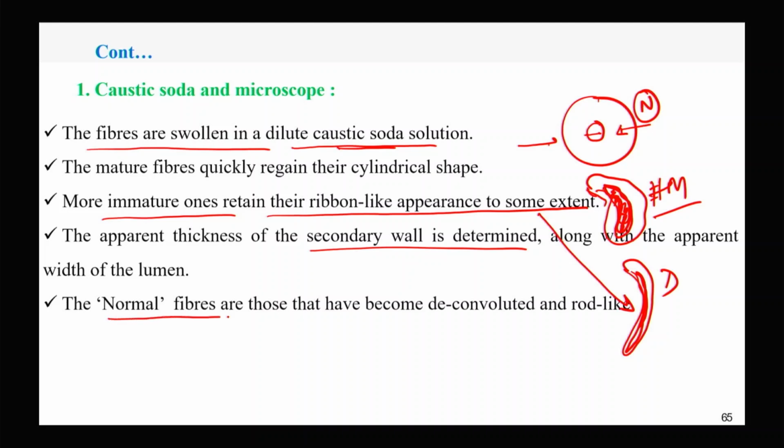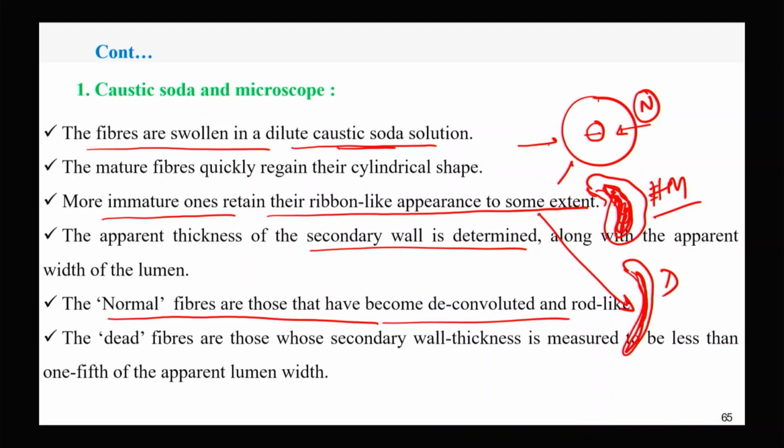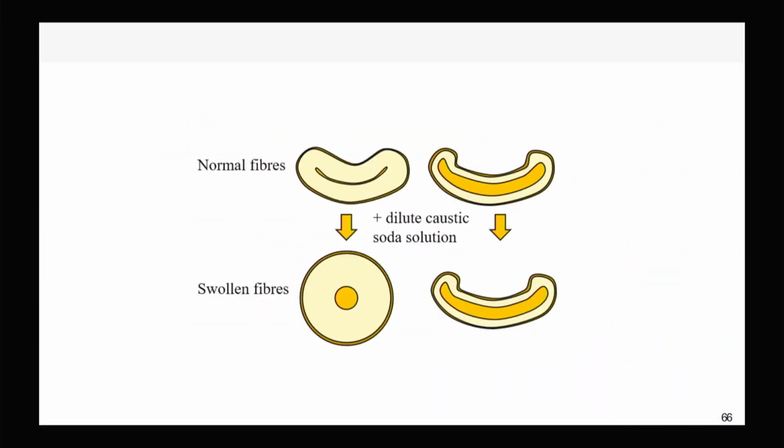Normal fibers are those which have got deconvoluted and rod-like appearances, and dead fibers, as we have mentioned. So now we can classify: this is a normal fiber, and after swelling the fiber shape becomes circular cross-sectional shape, but dead fibers remain in the flat image.